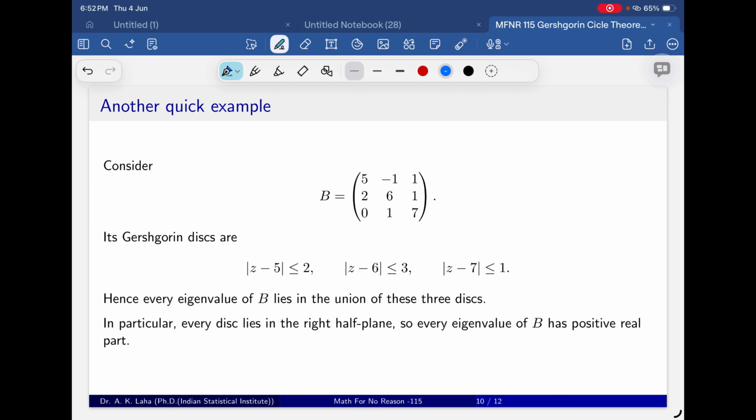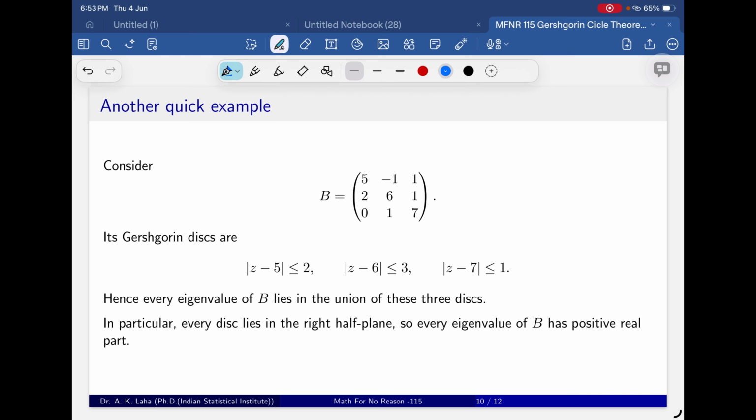And as another quick example, if you look at this matrix B, then you see that the first Gershgorin disk with respect to the first row becomes mod of z minus 5 less than or equal to 2. The center is at (5, 0) and the radius is 2. The second one is mod of z minus 6 less than or equal to 3.